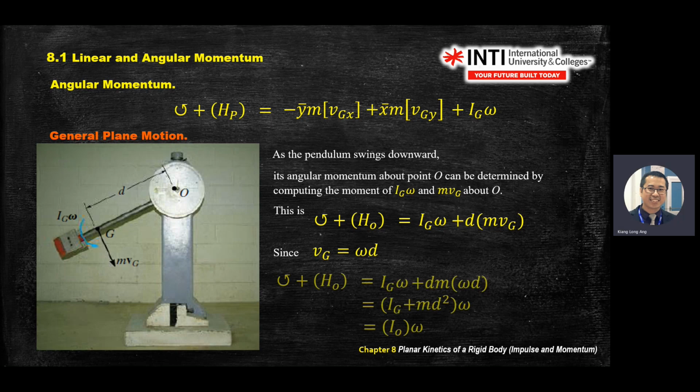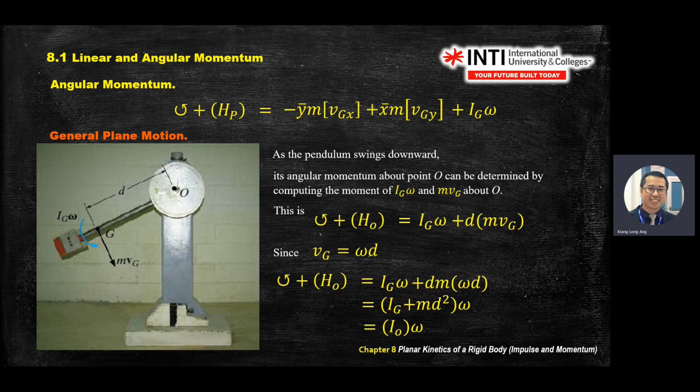Okay. So at the end, if you have this system, again, I just need to highlight: if you refer to an external point, you always need to use the I_O equation. I_O equals I_G plus m d squared. If you use I_O, there are two approaches.